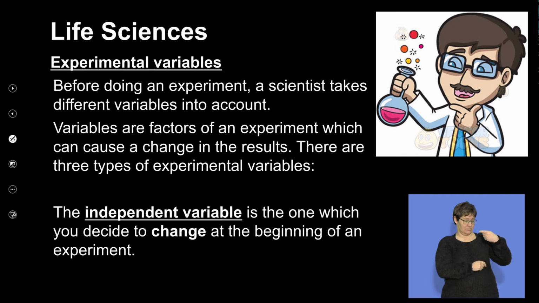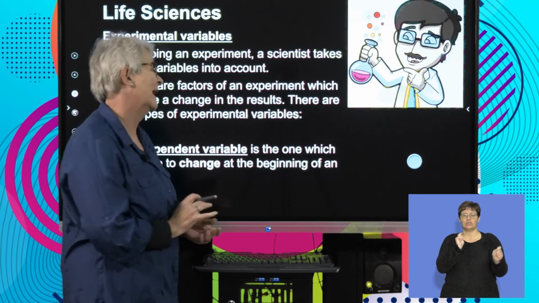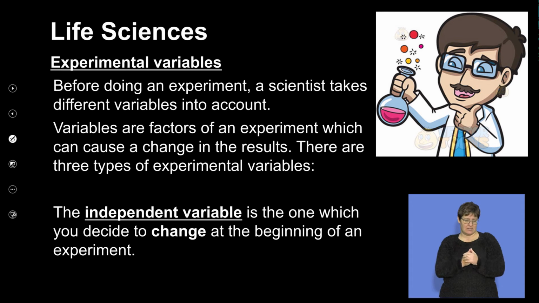First thing is, when you do any experiment, you have to know that there are things called variables, things that can change or vary. Okay, and they are factors of an experiment which can cause change.